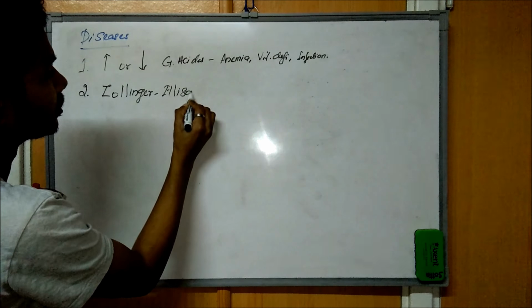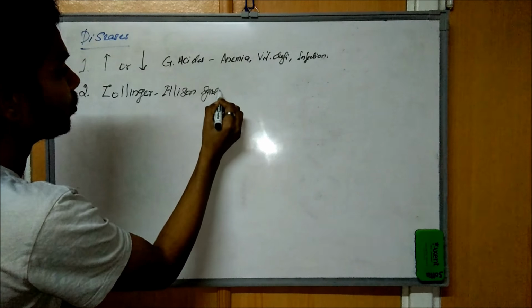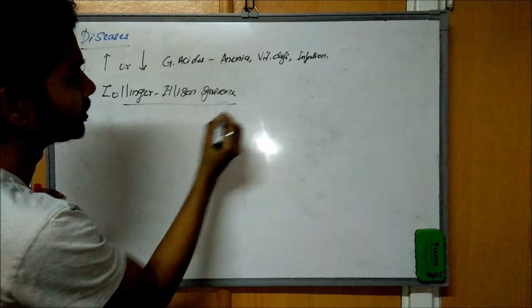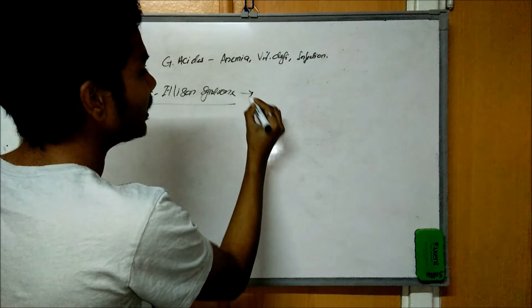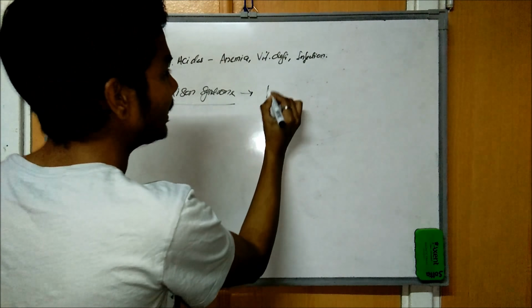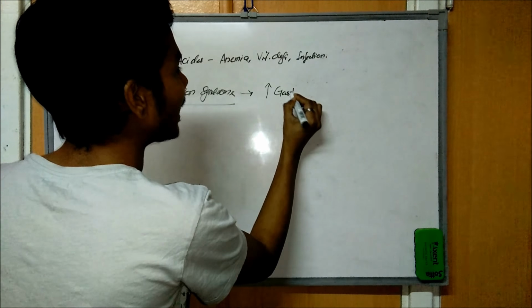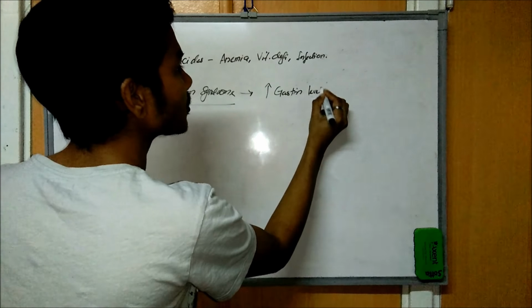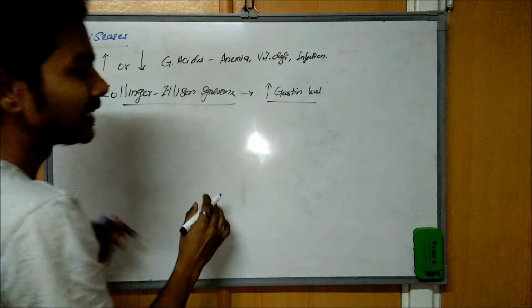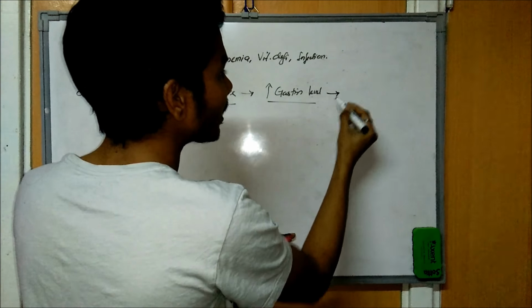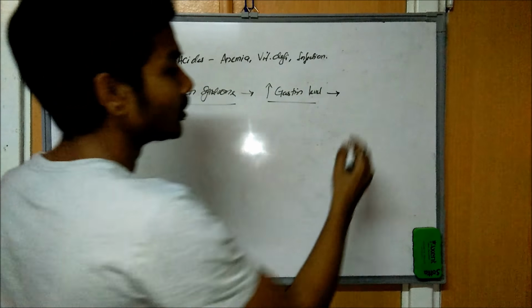The second one, Zollinger-Ellison syndrome. What is this Zollinger-Ellison syndrome? In this situation, there is increasing production of gastrin. This gastrin will stimulate the production of HCl.